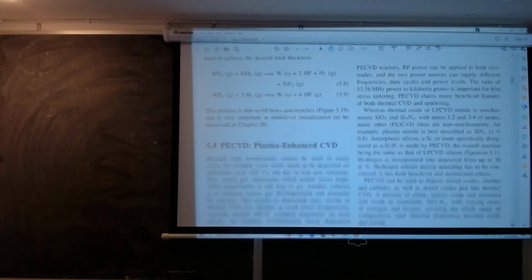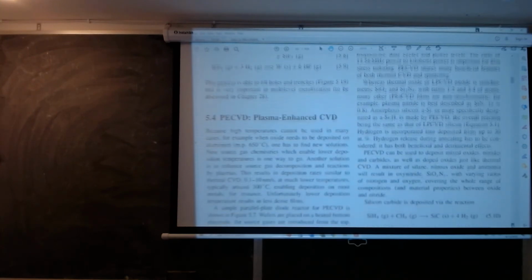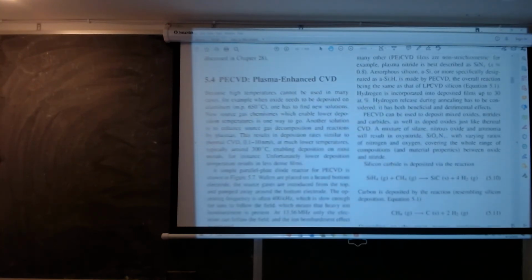It's called plasma enhanced because you're introducing not just thermal energy, but RF energy, or electromagnetic, like a microwave kind of, only at a different frequency.